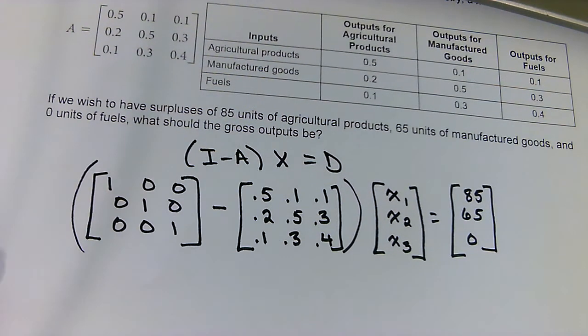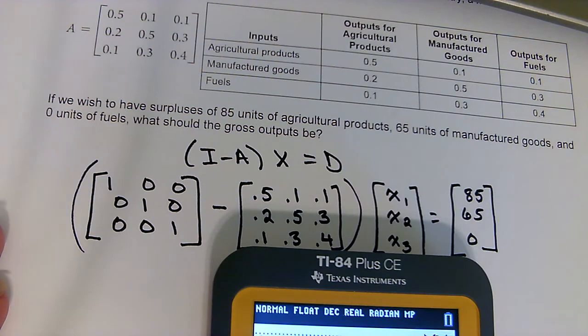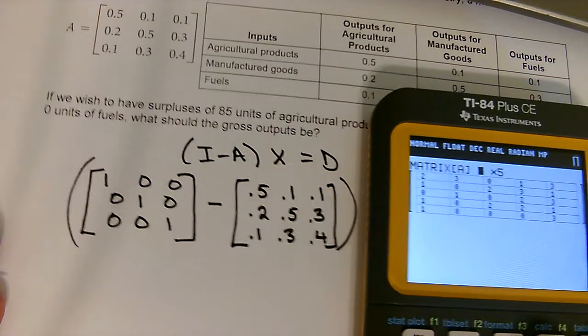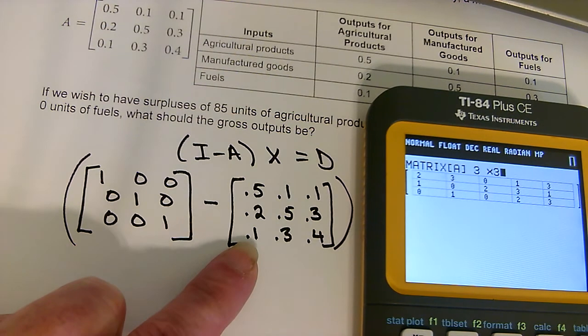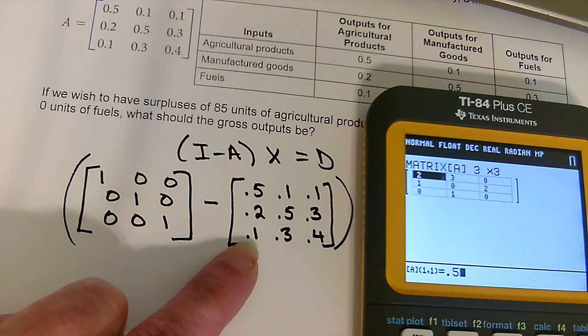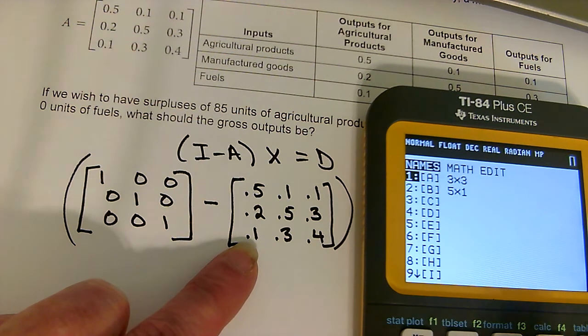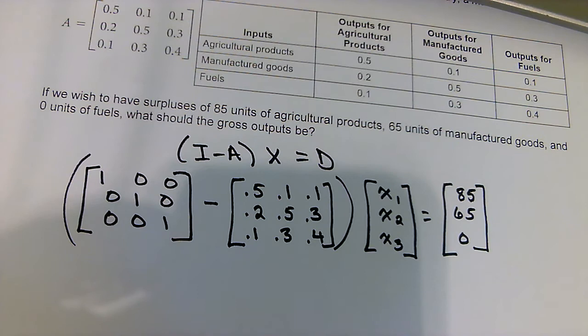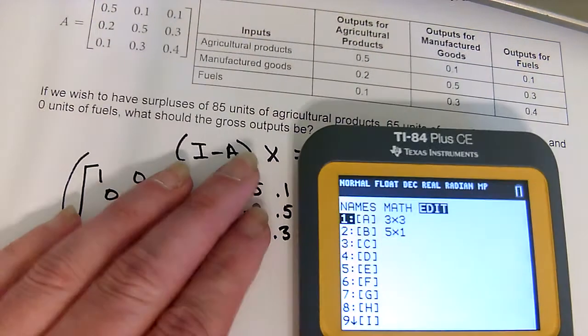So let's go ahead and do this part in the calculator. Let me go to matrix A and change that to be what we have here, which is a 3 by 3. That's 0.5, 0.1, 0.1, 0.2, 0.5, 0.3, 0.3, 0.4.